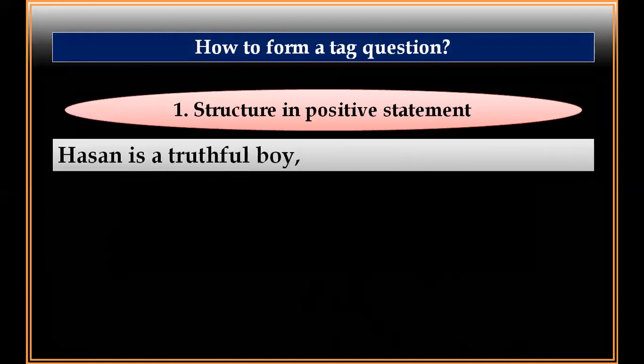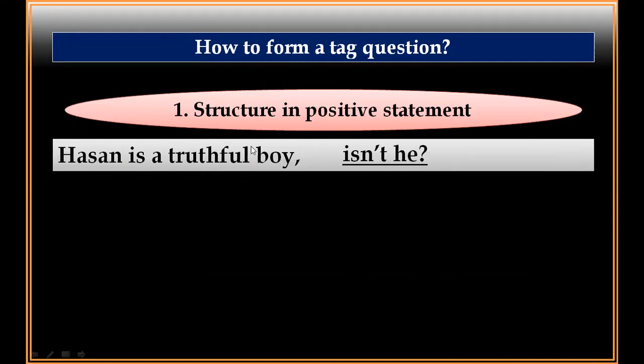Remember, if the given statement is in positive form, the tag question will be negative form. Look at the sentence. Hassan is a truthful boy. This sentence is in affirmative form, I mean in positive form. So tag question will be negative form. Remember, if you see here be verb, then be verb will be here. And as it is affirmative, the tag question will be negative.